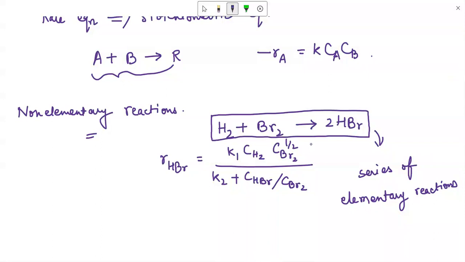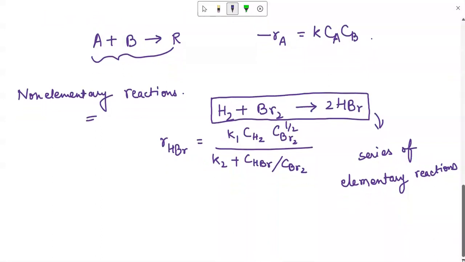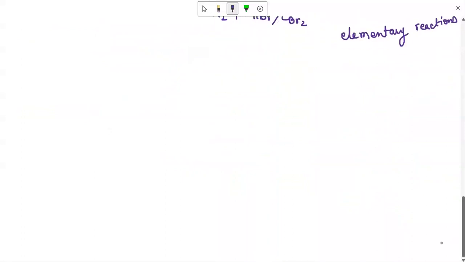So these are more advanced level understandings, but for now what we understand is that if the rate equation directly relates to the stoichiometric equation, we will call them elementary reactions. Otherwise, we will call them non-elementary reactions. Now let's come to another critical understanding, that is the concept of molecularity.